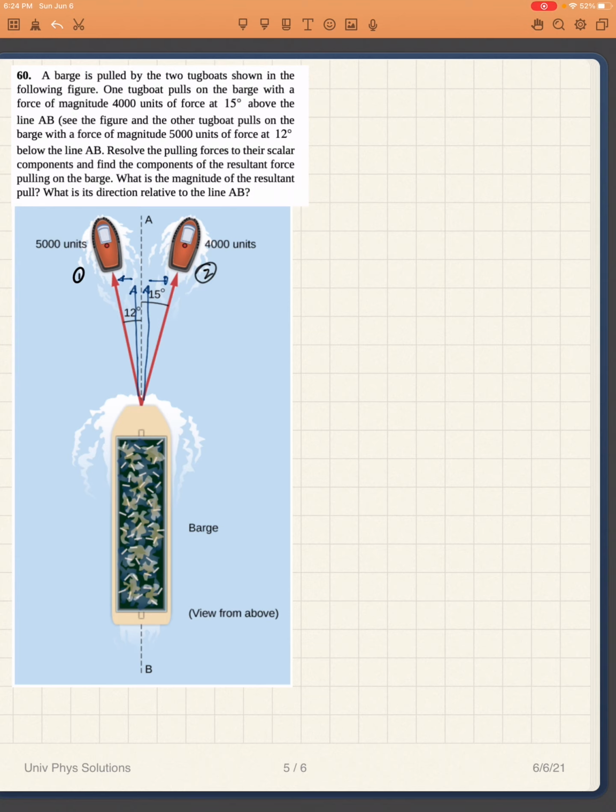Now the components that work together will end up adding up, and the components that are opposite to each other will end up canceling out. If not completely, they will cancel out partially.